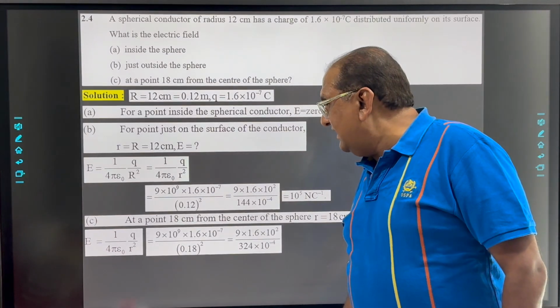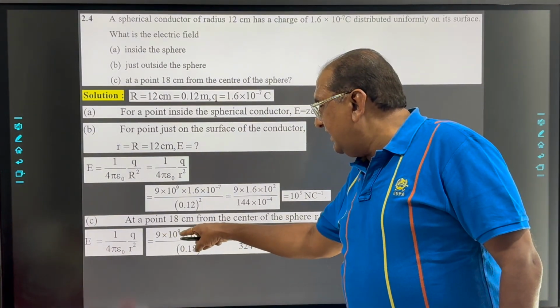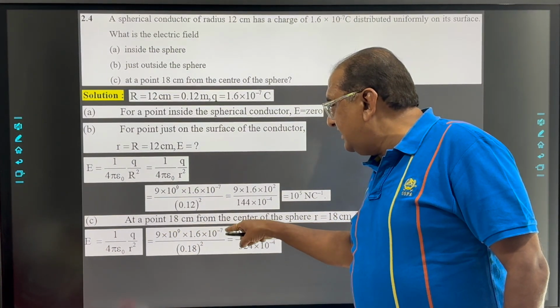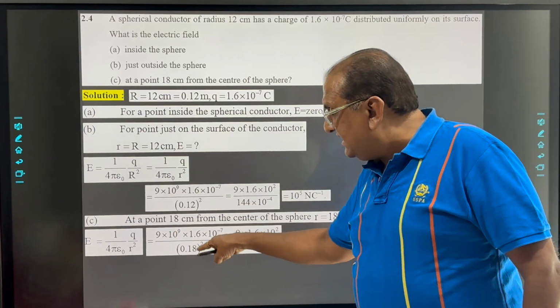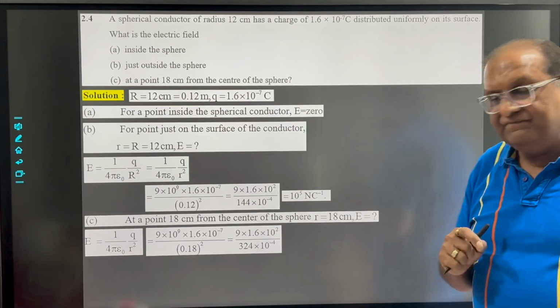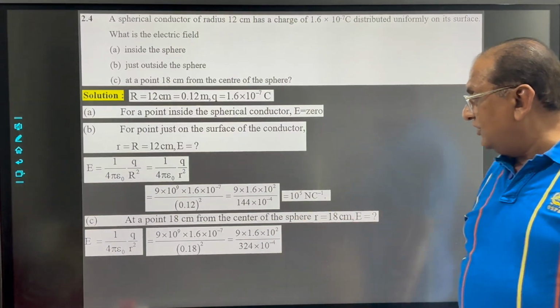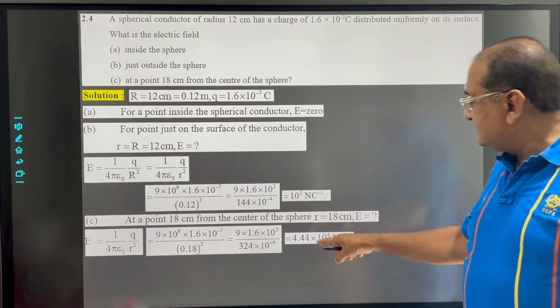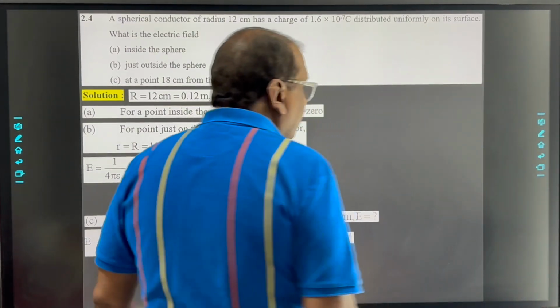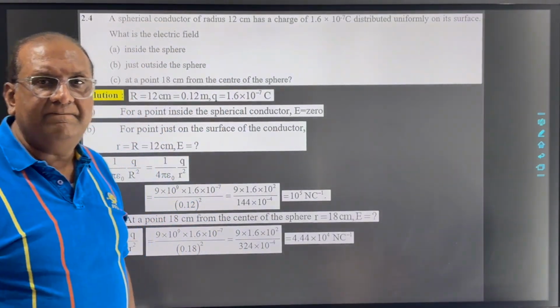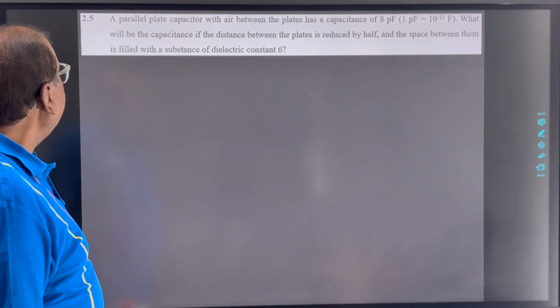Now substitute the values. So 9 into 10 raised to 9, 1.6 into 10 raised to minus 7, r square. Now the distance is 18 centimeter, so 0.18 meter. Square of it. Again solve this one and you will get the answer 4.44 into 10 raised to 4 Newton per coulomb. Clear?